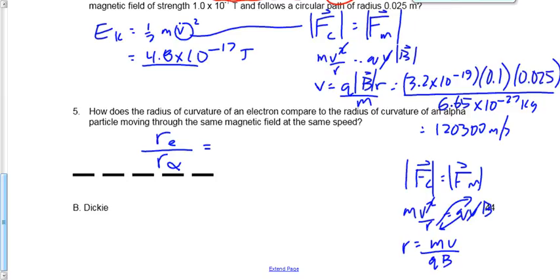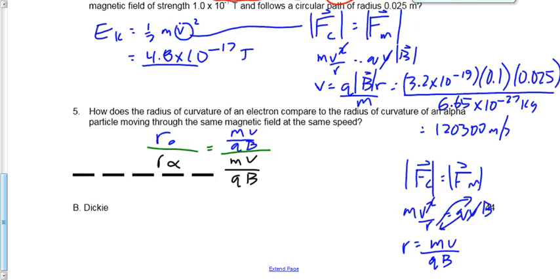So what I want to do here is sub in. Let's change this a little bit here. Let's sub in mv over qb for the radius of the electron's path, and then let's divide it by mv over qb for the radius of the alpha particle's path.